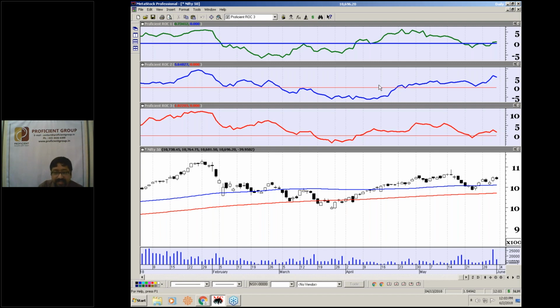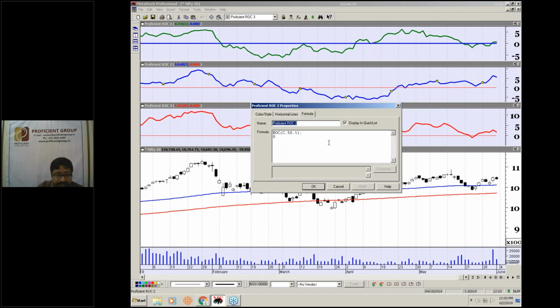So let us take only one ROC, which is the 50-day ROC, and we are tinkering with this formula.